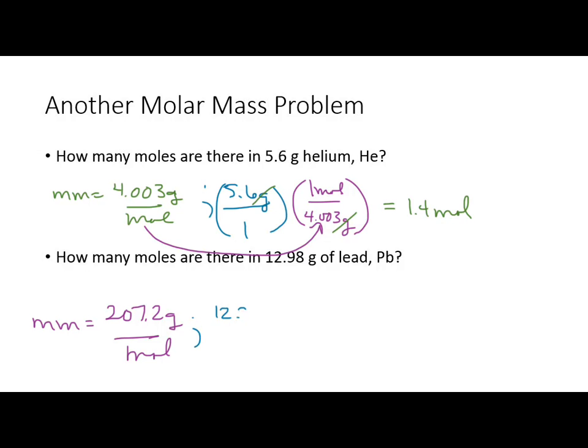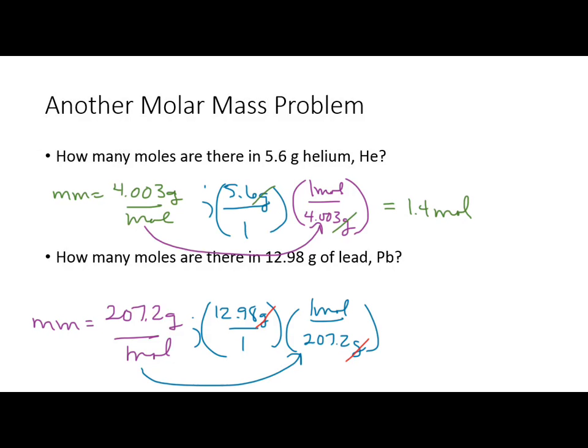So 12.98 grams over 1. And then again, anytime you have this sort of problem, from grams to moles, we've got to flip the molar mass. So for lead, 1 mole over 207.2 grams. And the beauty here is that our units of grams cancel.